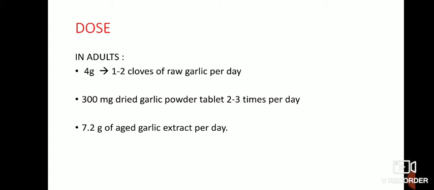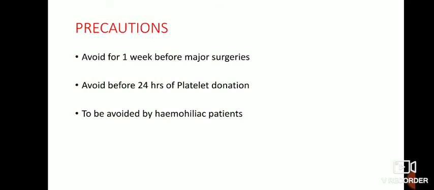This also gives you a good energetic drink in the early morning. People who go for walking and so on can take this drink before walking and can find the difference in the day by themselves. And there are also some precautions that we have to keep in mind before taking garlic.